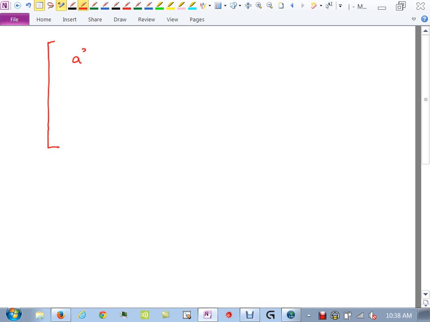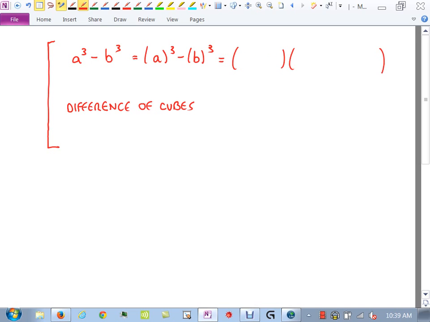If you have A cubed minus B cubed, we call this the difference of cubes. And again, you'll be looking for something cubed, take away something cubed. This will be equal to a binomial and a trinomial, exactly the same format.